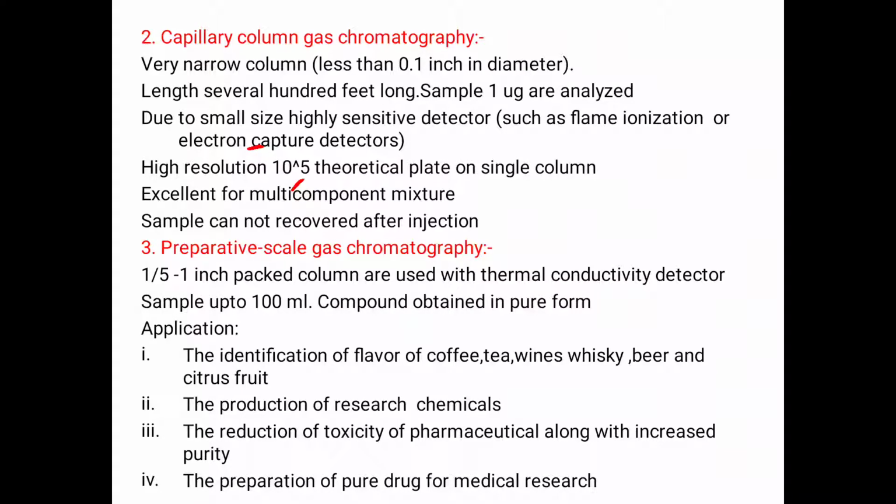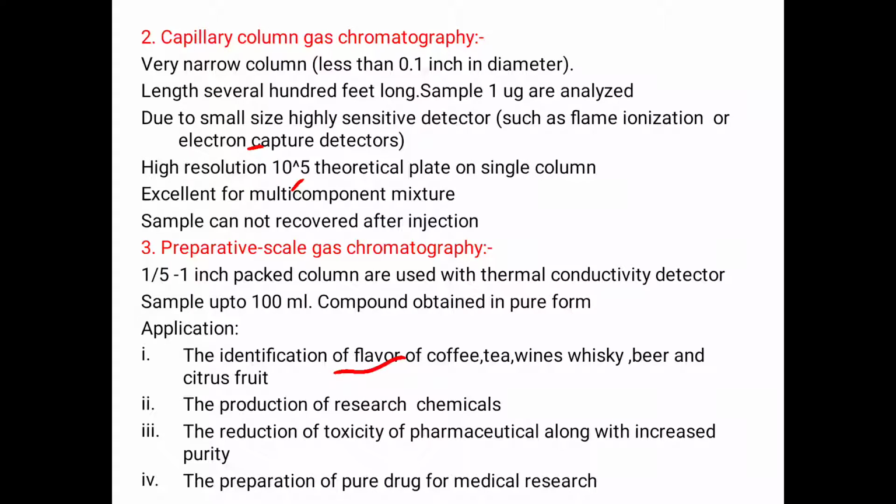Commercial operations based on preparative scale GC have been developed as a means of making large quantities of highly pure compounds, drugs and other fine chemicals. The applications of this method are, first, the identification of flavors of coffee, tea, wines, whiskey, beer and citrus fruits.